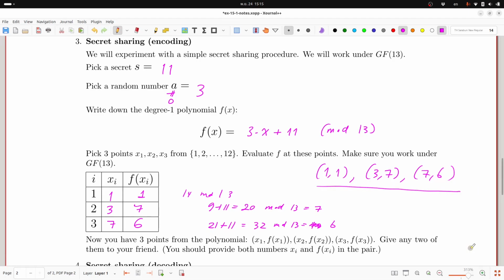But it's not going to look like a straight line because we do everything modulo 13. Okay? But these are the points. So this part is where you encode your message. You encode your secret into 3 points.